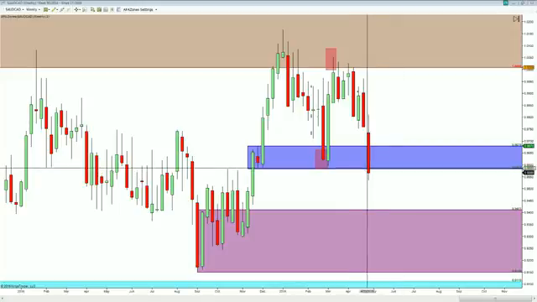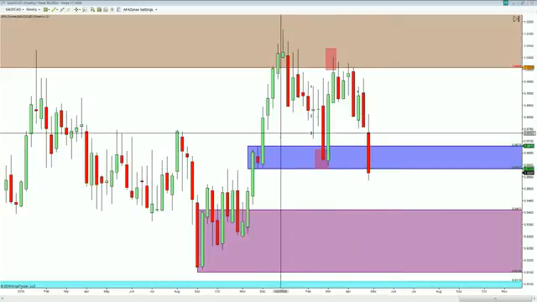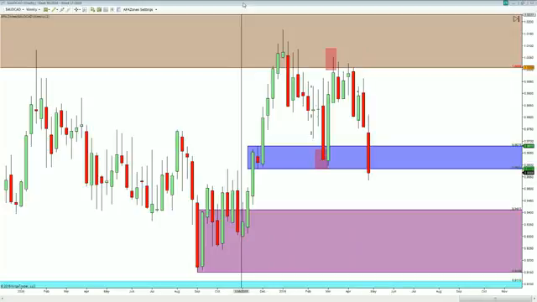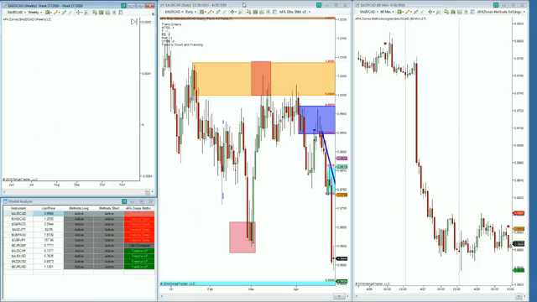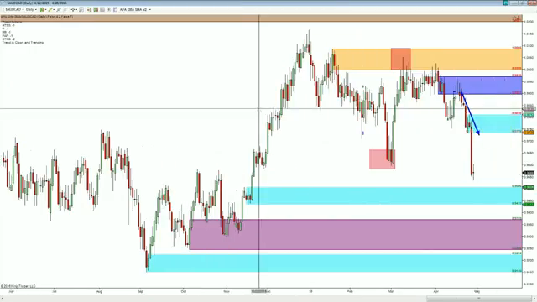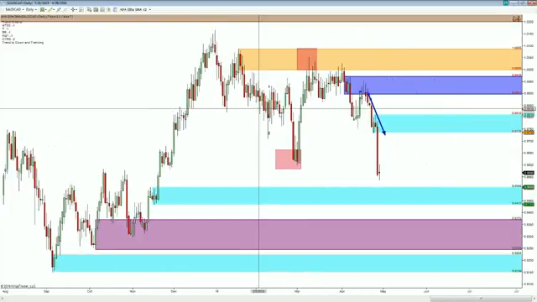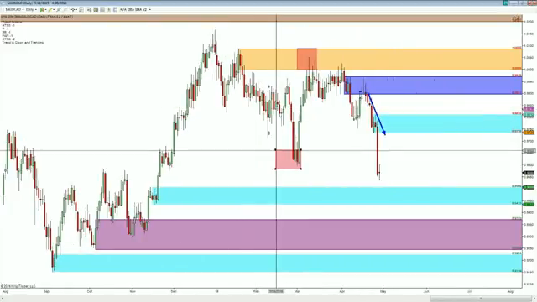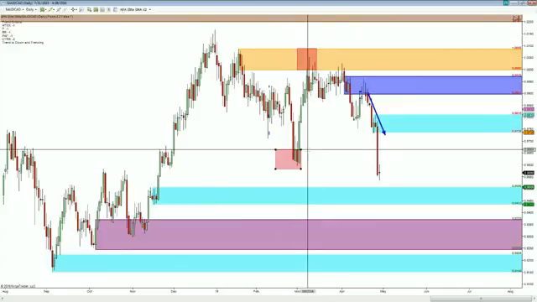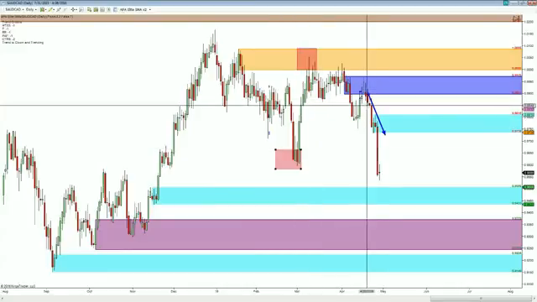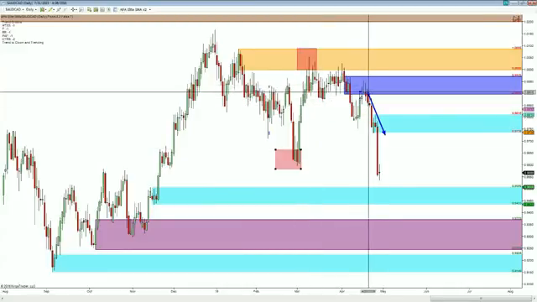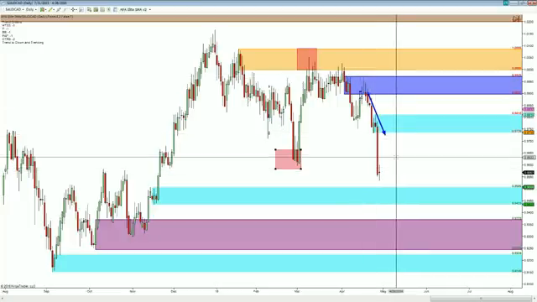When we break weekly demand like that, you can kind of see that we've been going into range, and to break weekly demand, that is a big deal. Moving into the daily, basically the same idea. We know where this level was, where it was formed. We've highlighted it. We're talking about it. We've been looking short on this market, and over the past week, we've just continued to see to the downside.